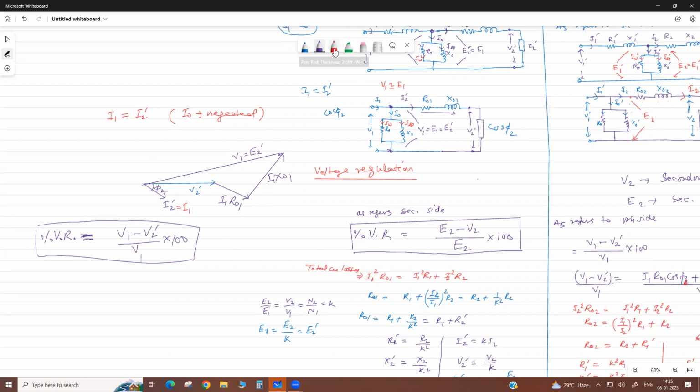Now here, when we calculate V1 minus V2 dash, it is I1 R01 cos phi 1, primary side, cos phi 1, or either you take phi 2, okay?